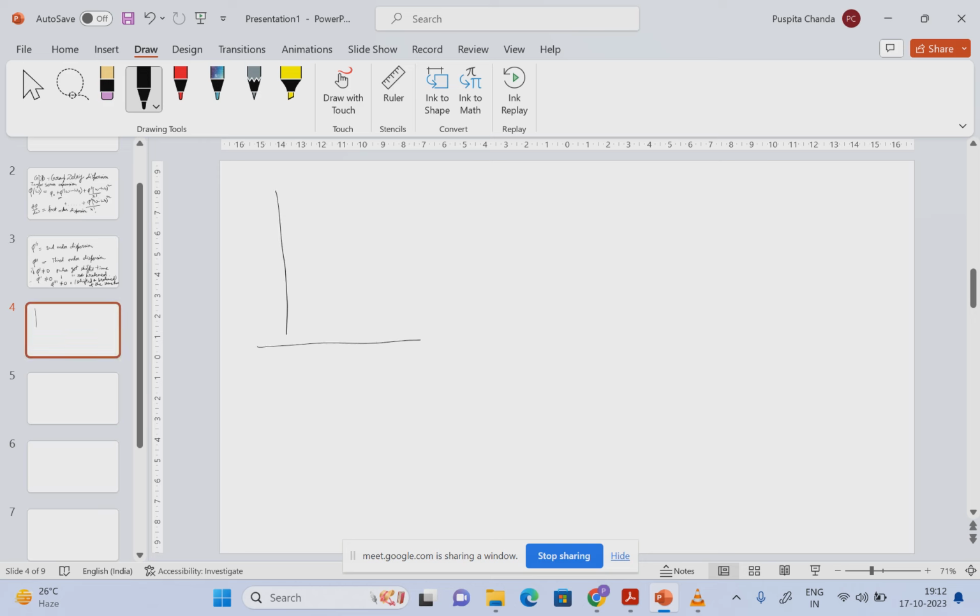So this is phi of omega and this is omega. Gradient in second. Suppose this is a pulse.